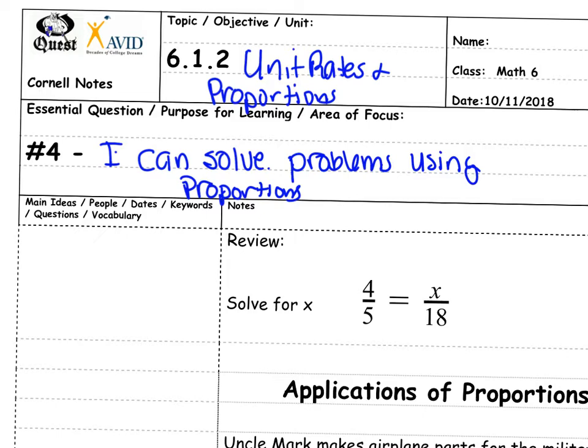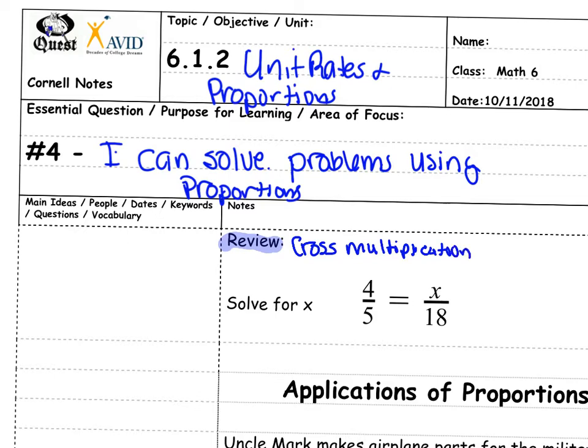All right. The first thing I would like us to do is just review, and actually I want us to review cross multiplication.